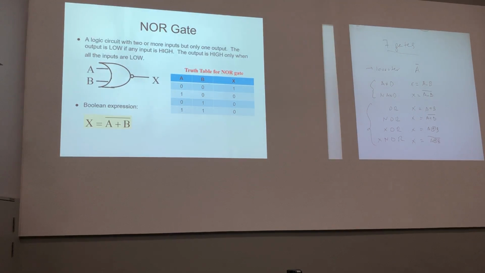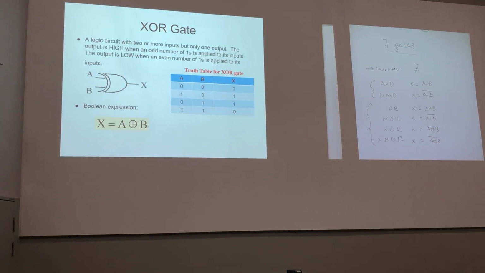So after this, the next gate is what? It is the XOR gate. XOR gate, the front here has 2 lines, okay? This one you may need to memorize a bit. In this concept, it says the output is high when an odd number of 1s is applied to its input. Let us look at this example. 1 plus 0.